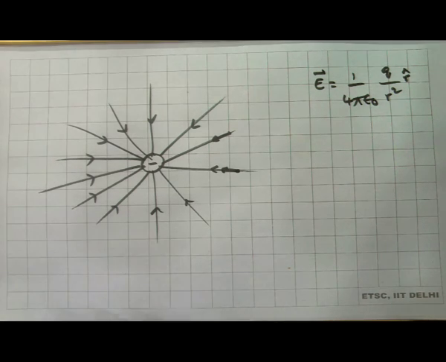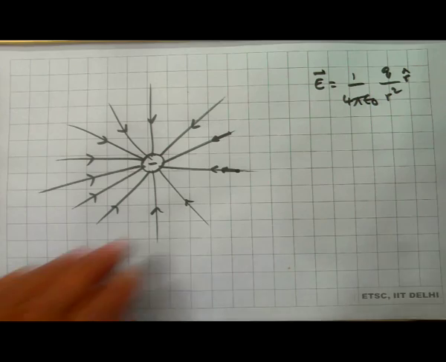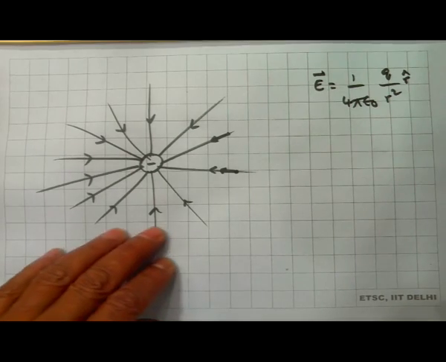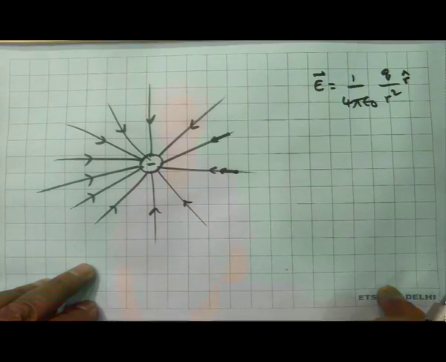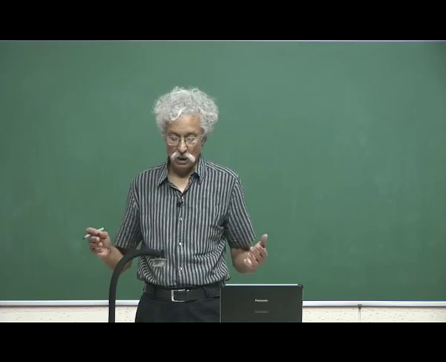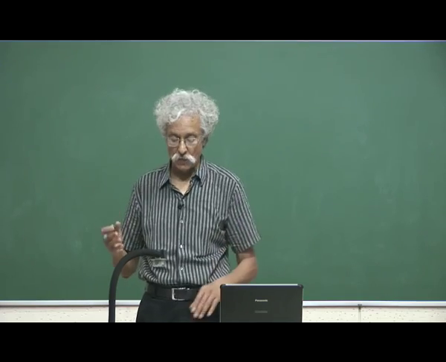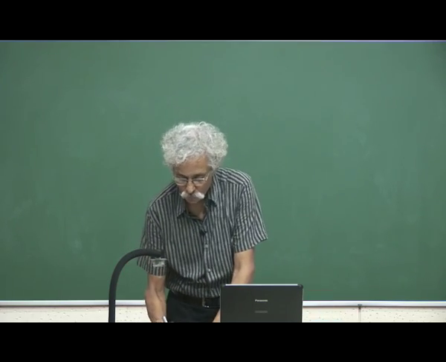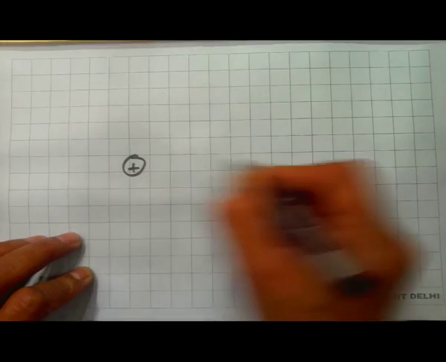Now, I have drawn 2 point charges. Now, let me see what happens, because my problem is not just single point charges. I will have many charges in the system. So, what will the electric field lines look like if I have many charges in my system? Let me take an example of 2 charges, one positive and one negative.